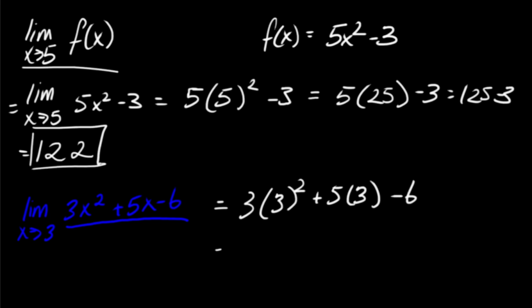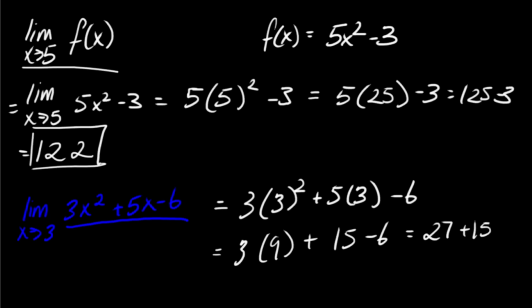Now we're going to start to solve this out. 3 squared equals 9, so 3 times 9 plus 15 minus 6. That's going to be equal to 27 plus 15 minus 6. And 15 minus 6 is 9, so 27 plus 9 equals 36. And 36 is our answer. So that wasn't that bad.